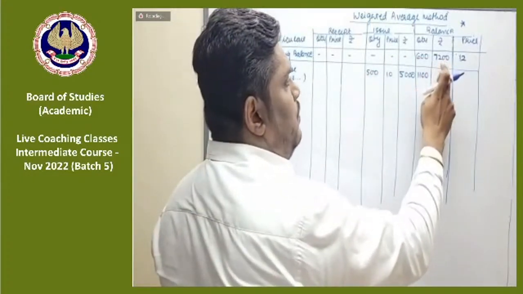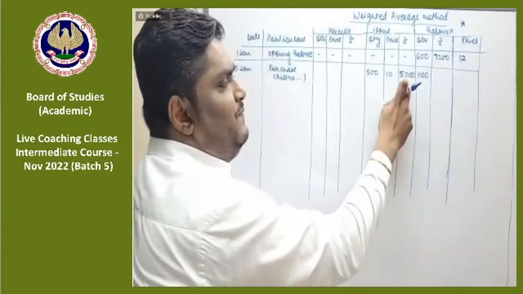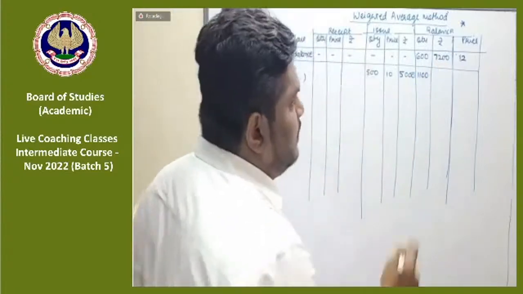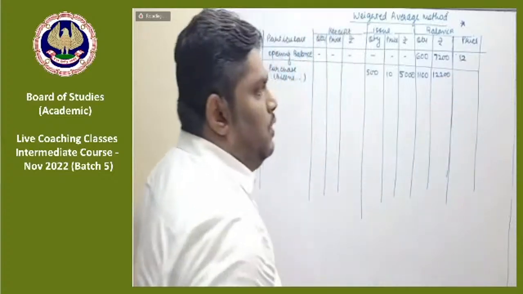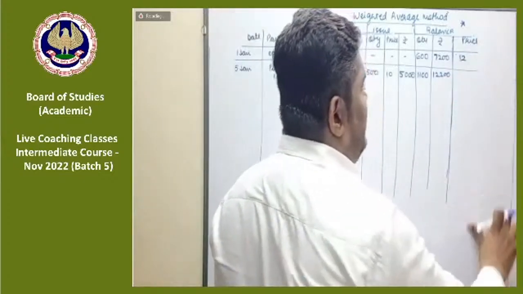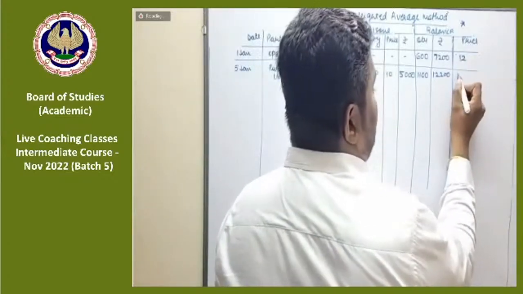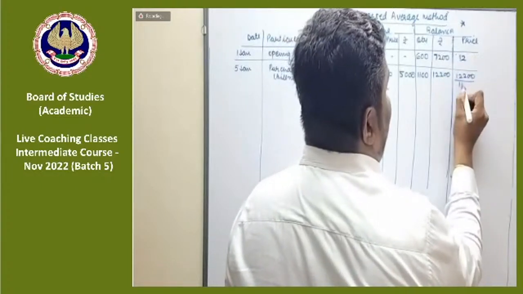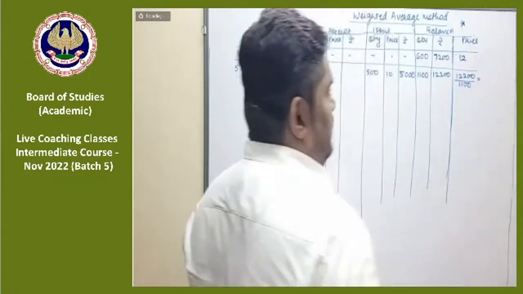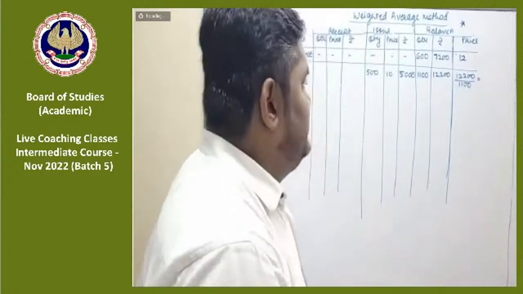The total amount will be 7,200 plus 5,000, that will be 12,200. So when talking about the price part, very simple, guys, the price part will be 12,200 divided by 1100. This is the way you have to write the price.